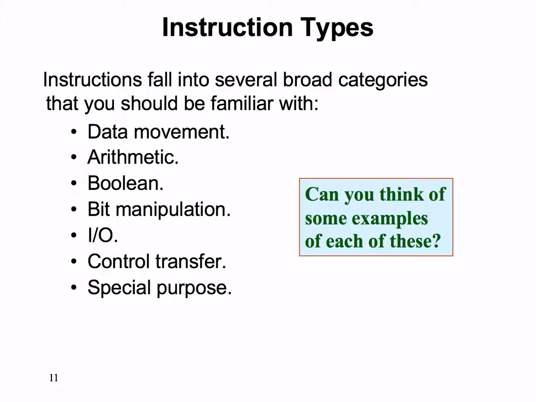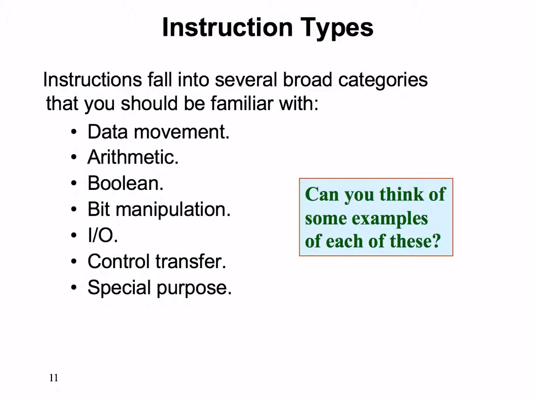Most of the computer instructions operate on data. However, there are some that do not. Computer manufacturers regularly group the instructions into the following categories: data movement, arithmetic, Boolean, bit manipulation such as shift or rotate, input output, transfer of control, and some other special purpose.